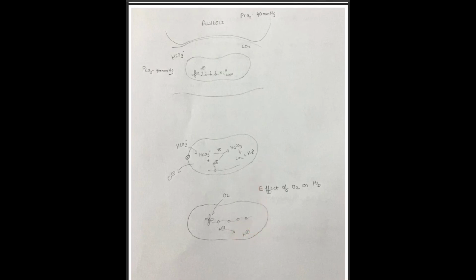So we know that in an RBC there are millions of hemoglobin. So what is the function of hemoglobin? Hemoglobin function is oxygen transport, carbon dioxide transport, dilatation of arterioles, and also buffering, acid base balance.